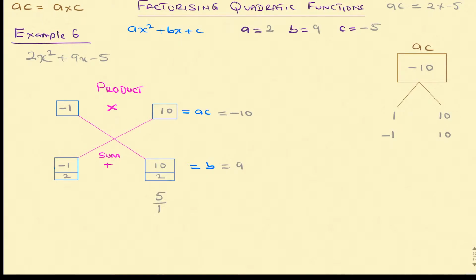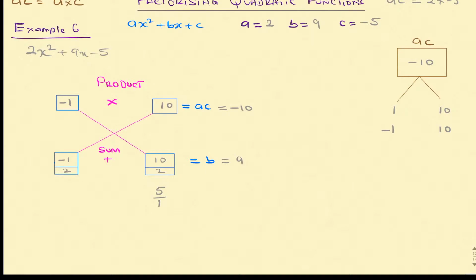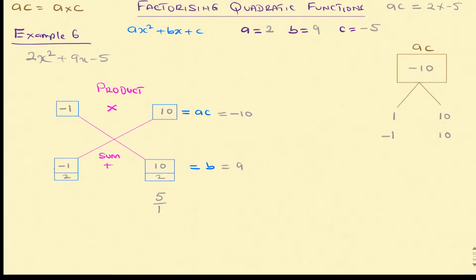And we keep the left-hand side, which is, in this case, minus 1 and 2. So what we need to do is put x to the bottom ones. So those are our x, the denominators of the bottom boxes. And therefore, we get our factors.